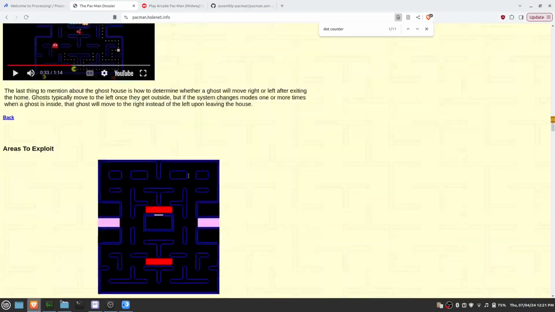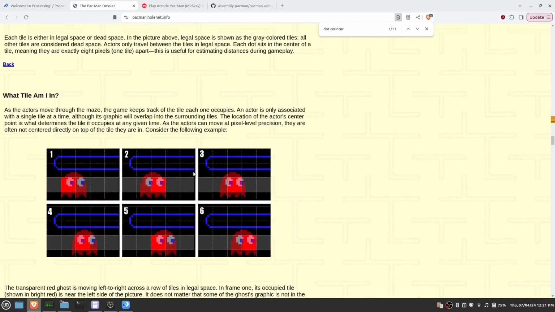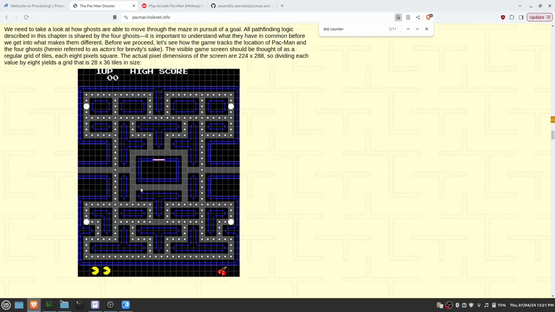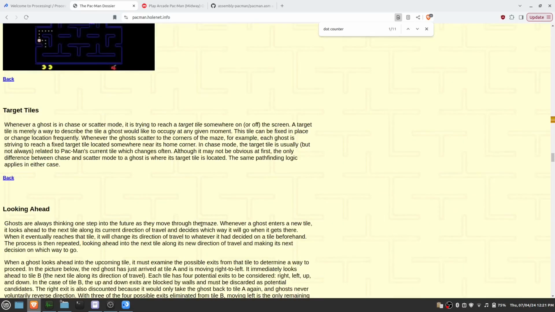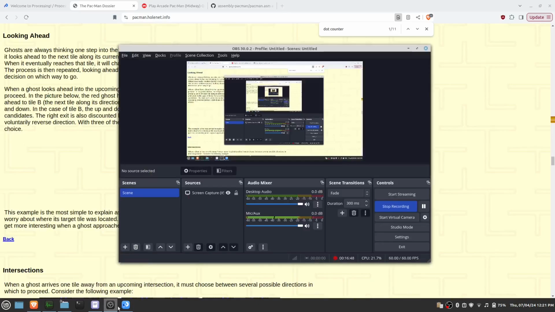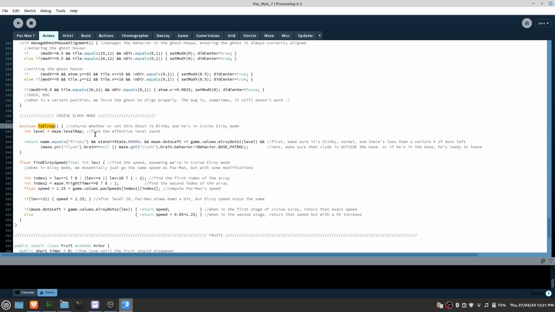So that's just something else to keep the game interesting towards the end. But of course, it also has an exception. If you die, even though you're towards the end of the level, then he will stop being in Elroy mode until after the ghosts leave the house. Like I said, there's a lot of mechanics in this game. I couldn't explain all of them. Excuse me, that would take too much time.